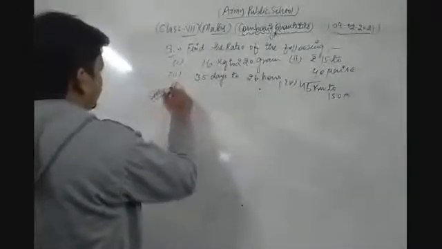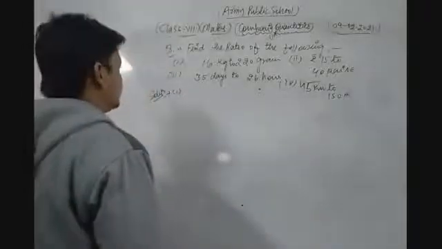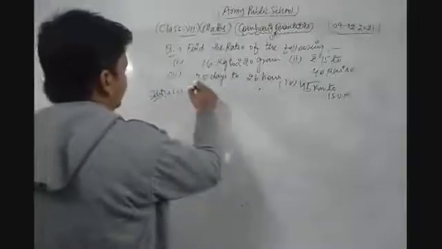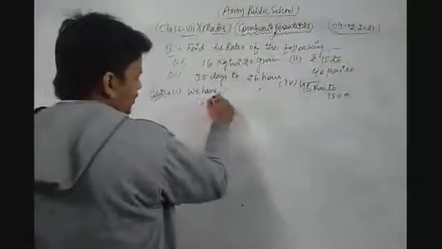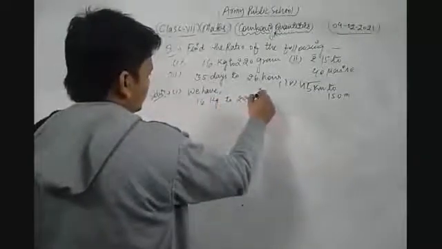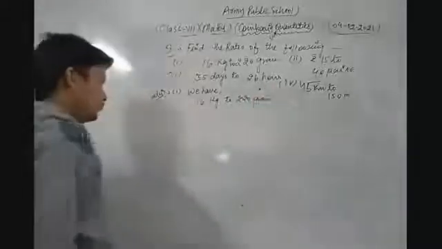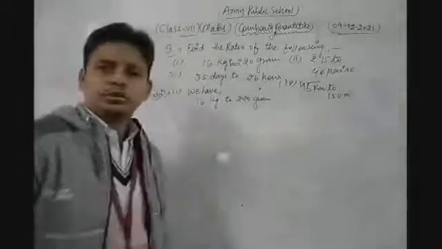The first part of this question asks us to find the ratio between them. We have 16 kg to 220 gram.